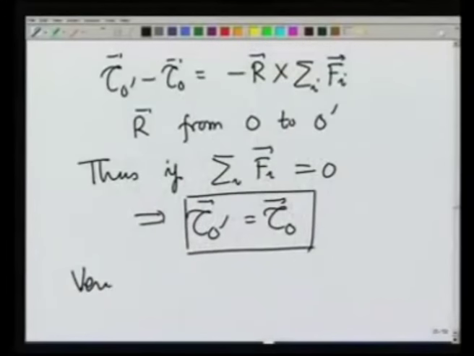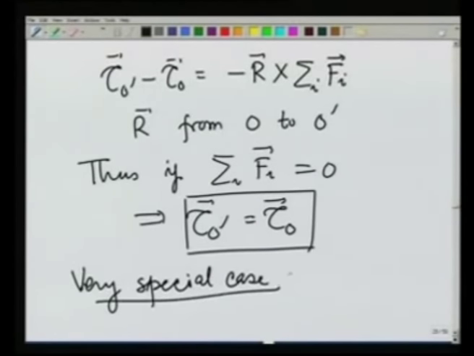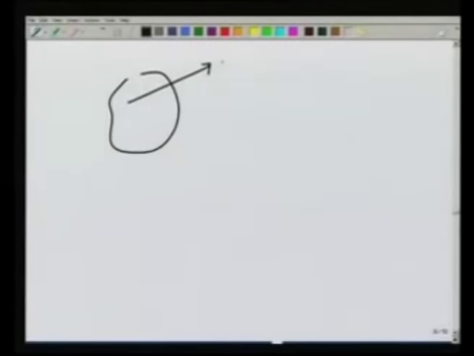A very special case of this is something called a couple, which is used in engineering mechanics quite a lot. And what is a couple? A couple is, suppose I take a body, apply a force F in one direction, apply a force in the opposite direction, minus F, and they are displaced parallelly from each other by a distance d.